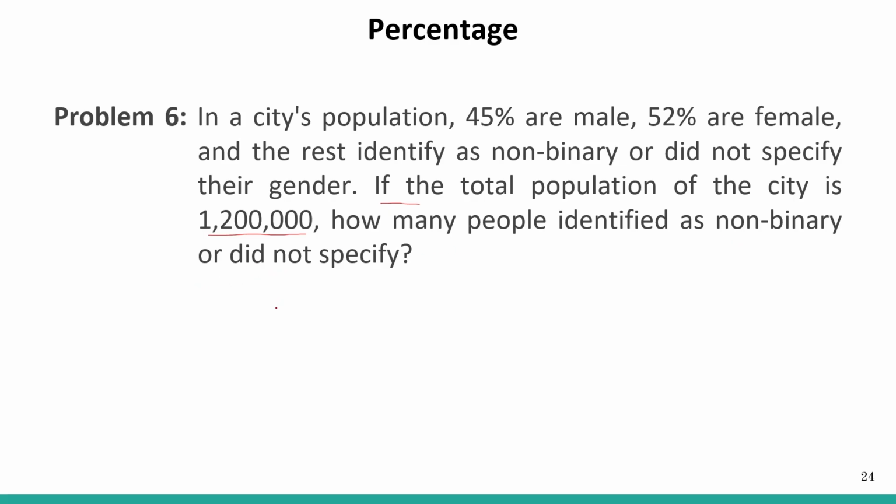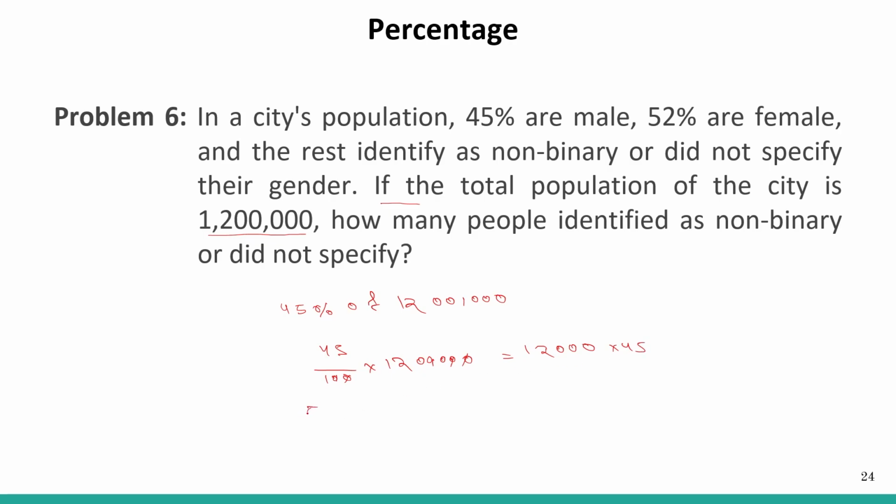So let's calculate 45% of 12 lakh. That is 45 by 100 into 12 lakh, which will be equal to 12,000 into 45.